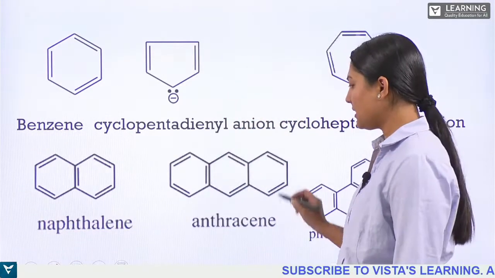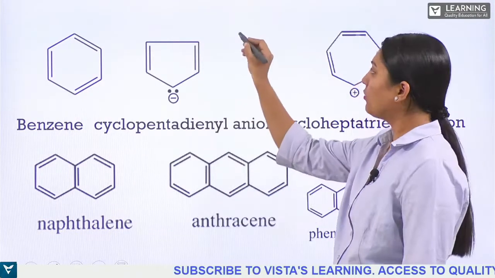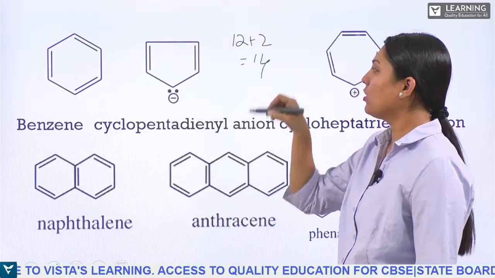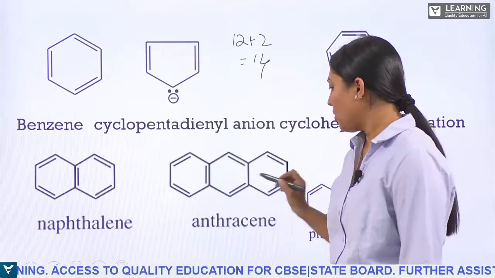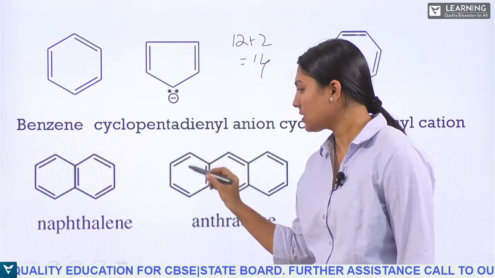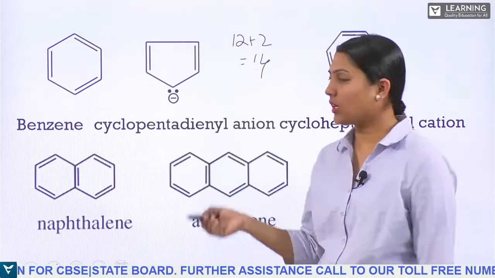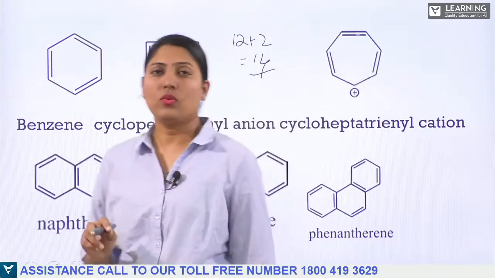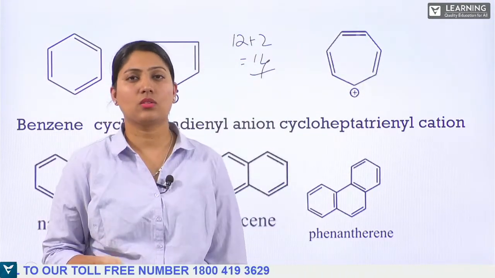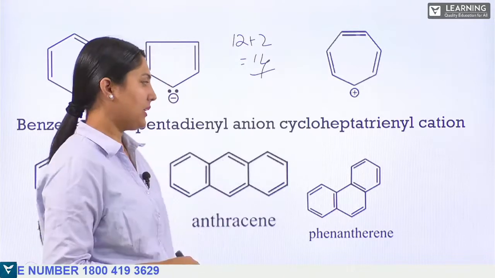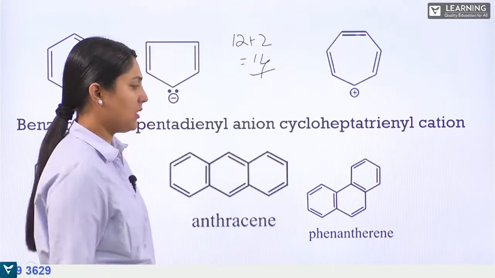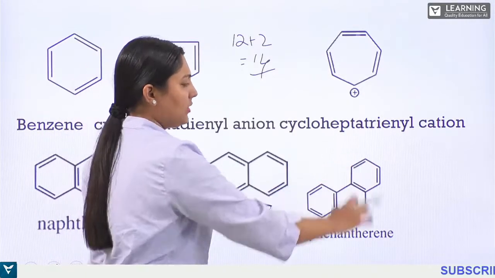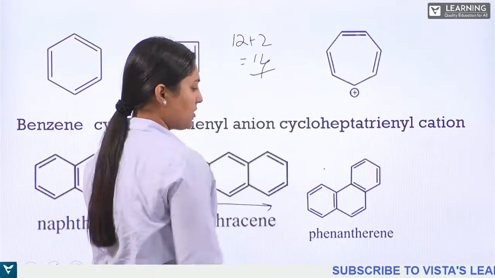Next we have anthracene, 3 rings. So 4 threes are 12, 12 plus 2, 14. So it should have 14 pi electrons. 1, 2, 3, 4, 5, 6, 7. 7 twos are 14. Yes, it has 14 pi electrons, which says that anthracene also exhibits aromaticity. Phenanthrene is not linear, where the position is changed.